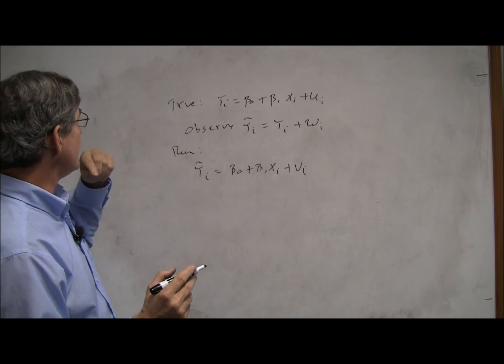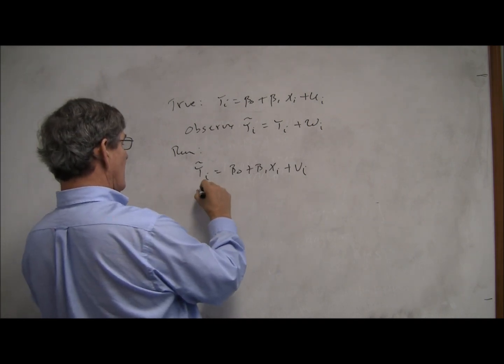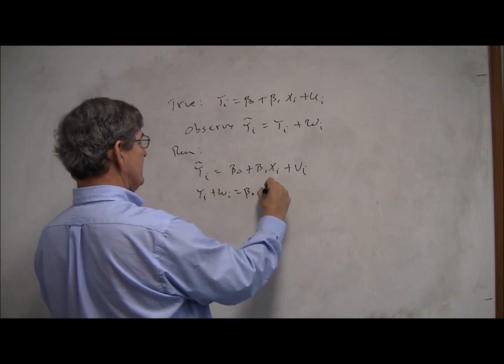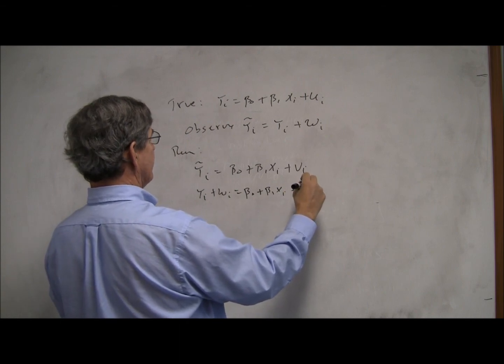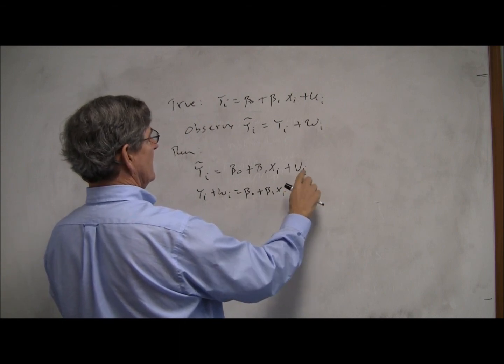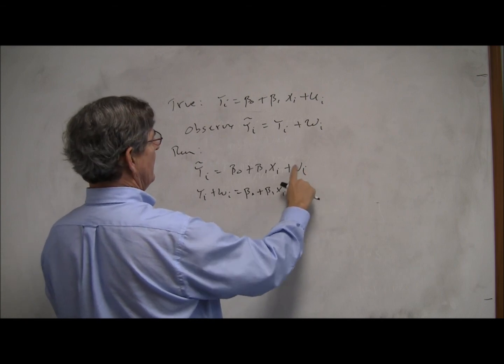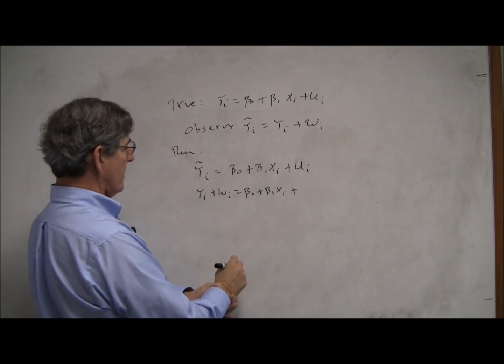Let me show you. I can plug in for here. This is yi plus wi is beta 0 plus beta 1 xi plus ui, because that's what it would be in this case.